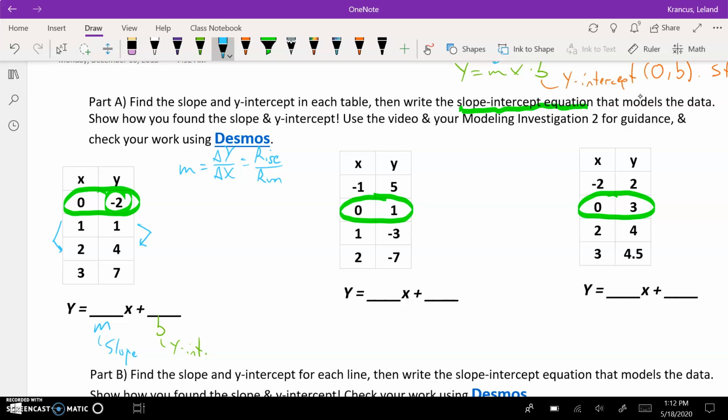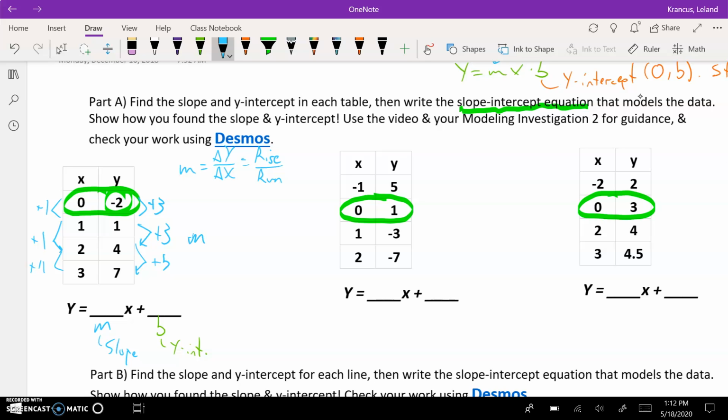So you'll notice with this one, y goes up by 3, so from 1 to 4, with an increase of 3, when x goes up by 1. Same thing happens here. That's because it's a constant rate of change. Y goes up by 3 when x goes up by 1. Same works up here. Y goes up by 3 when x goes up by 1.